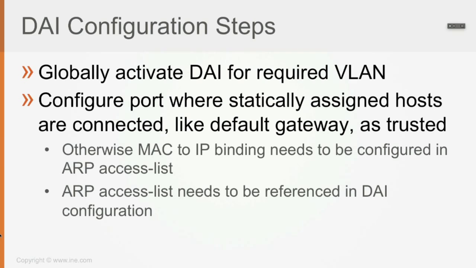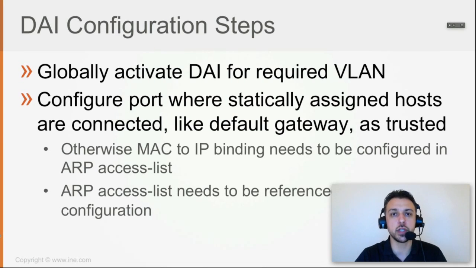Another option would be, when you configure the switch port facing your default gateway or any other connected host that has a static IP address, when you configure those ports as trusted, just like in the case of DHCP snooping trusted, then in this case the switch is no longer going to inspect any ARP packets received inbound on a trusted dynamic ARP inspection port.